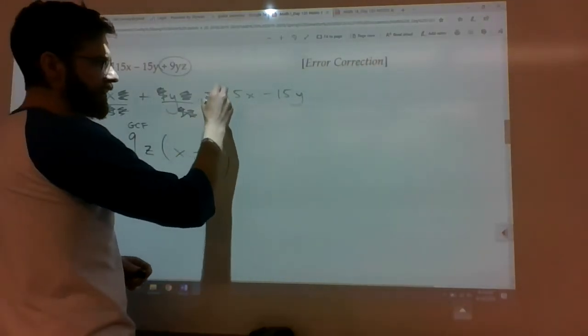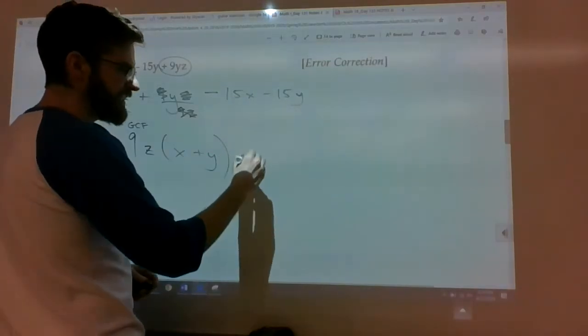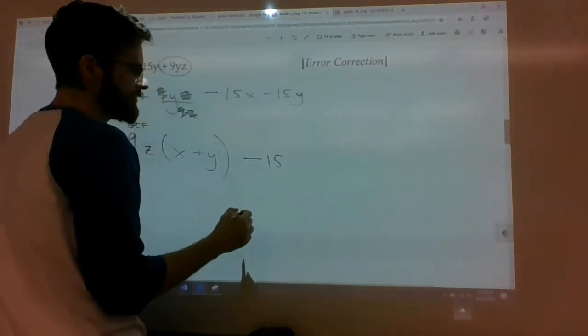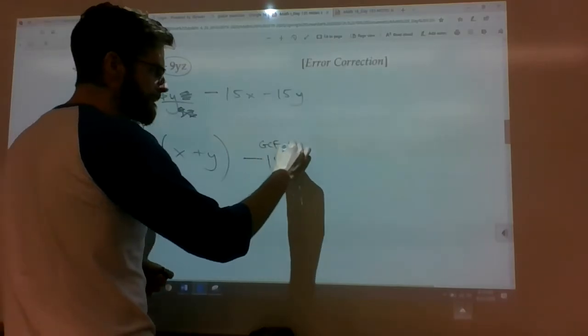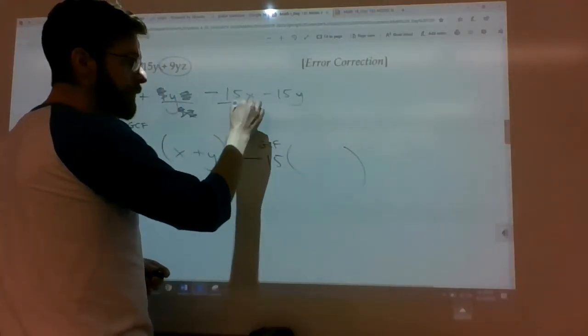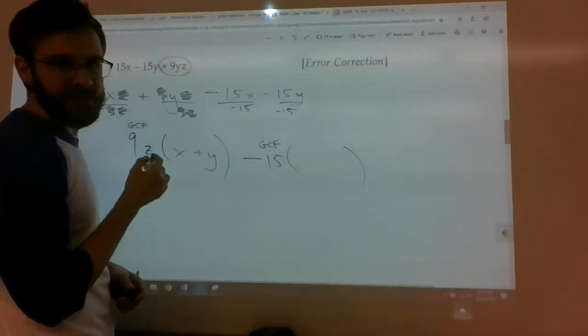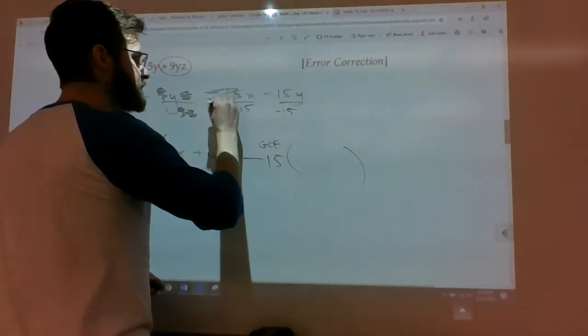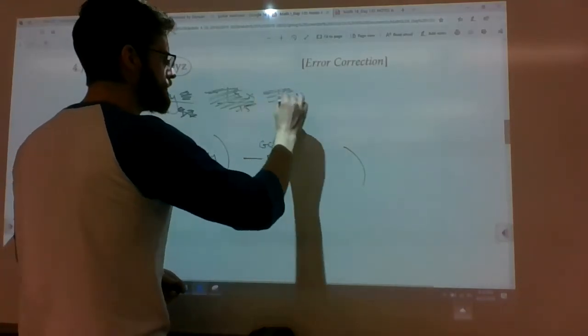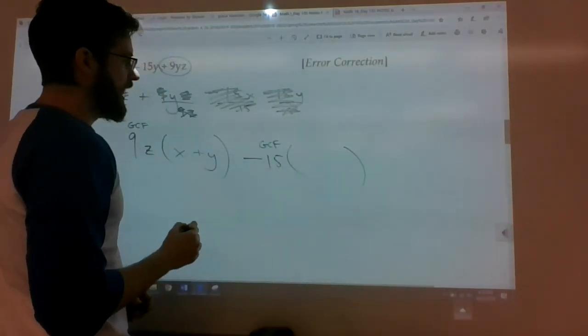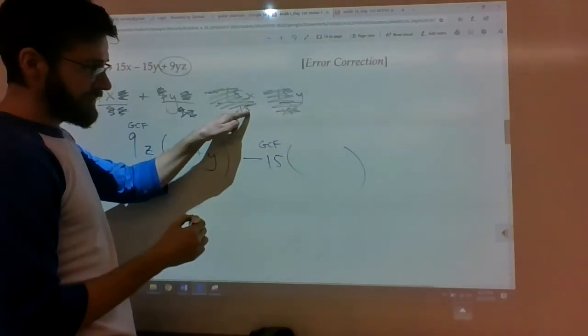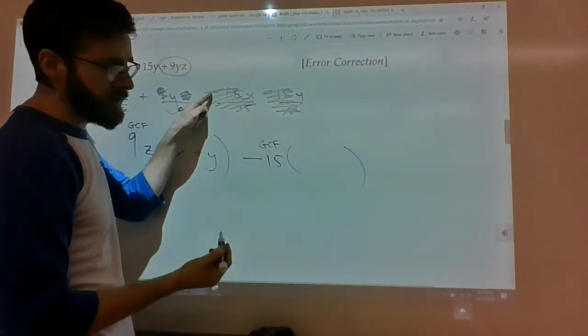For the second group here, minus 15 is what they both share. So that's my GCF. If I divide both parts by negative 15, those negative 15s just completely cancel out. So I'm left with a positive x, because the minus portion also canceled out.